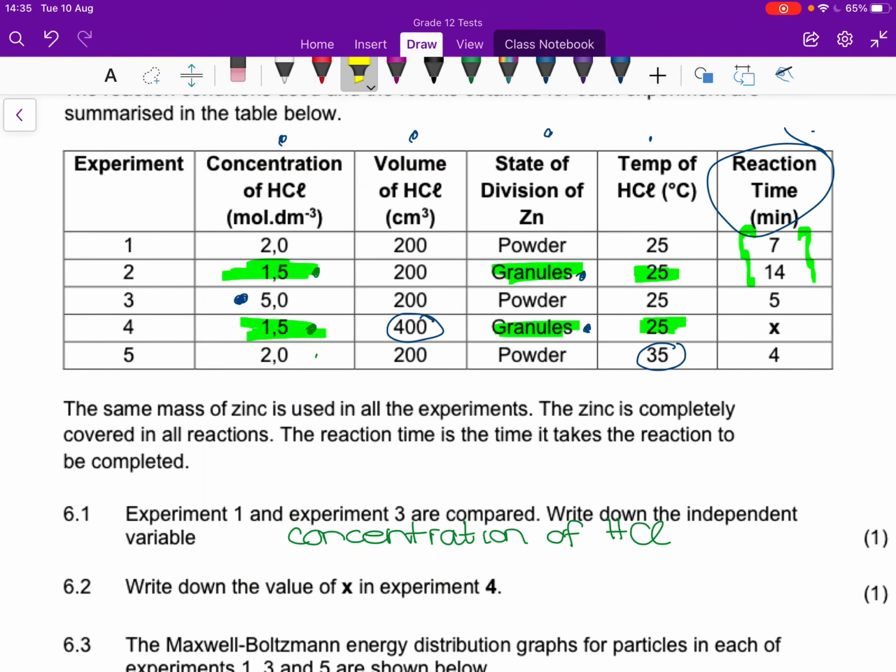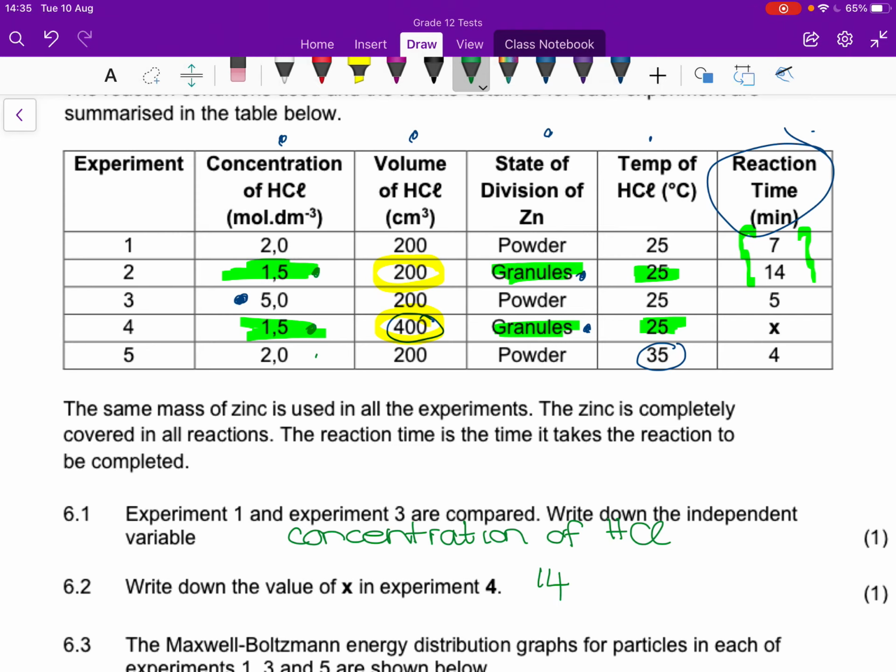And this is what they wanted you to get to. 200, 400. The volume doesn't make a difference. Volume does not affect rate. Volume may affect how much product we get, but considering they said to us that the HCl was in excess, that volume is irrelevant. So basically, experiment 2 and experiment 4 are the same. That means that's going to be 14.